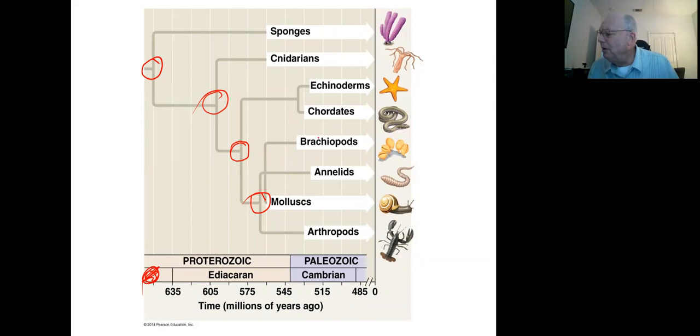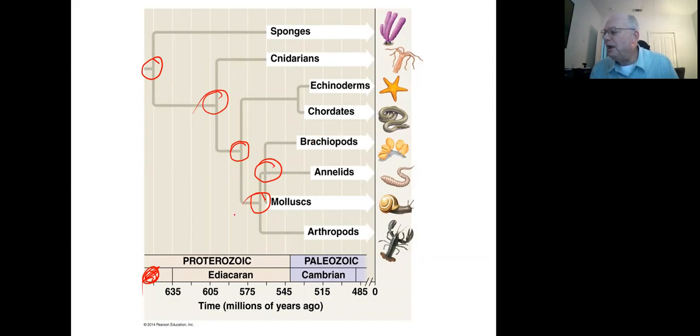And we'll talk more about that when we get to chapter 32. And then you have the origin of other organisms at later points in time. And you notice here we've got a tripartite branch point. You may remember when we talked about phylogenetics and the PhyloCode that we don't actually allow for a tripartite branch point. We want only two branches coming from each branch point.